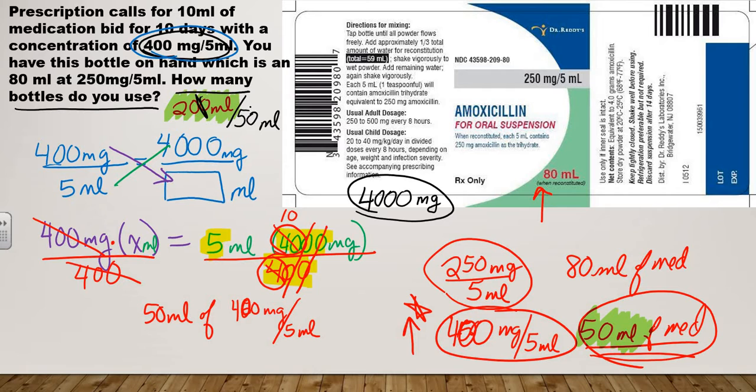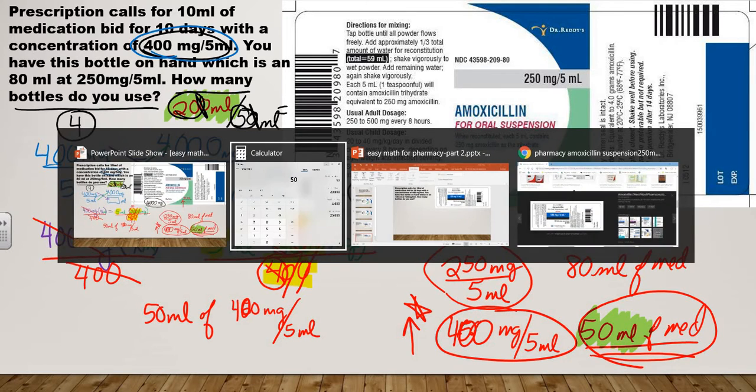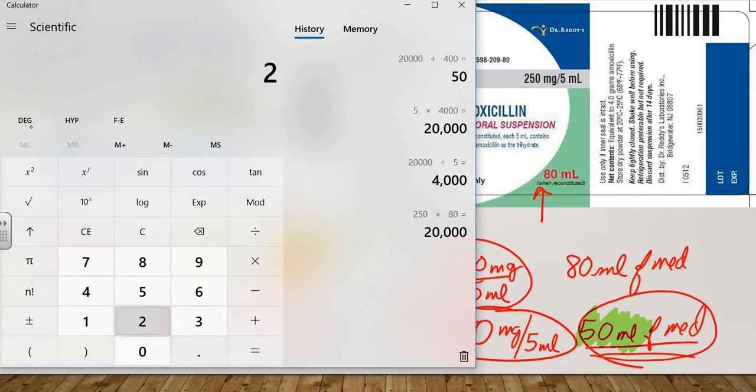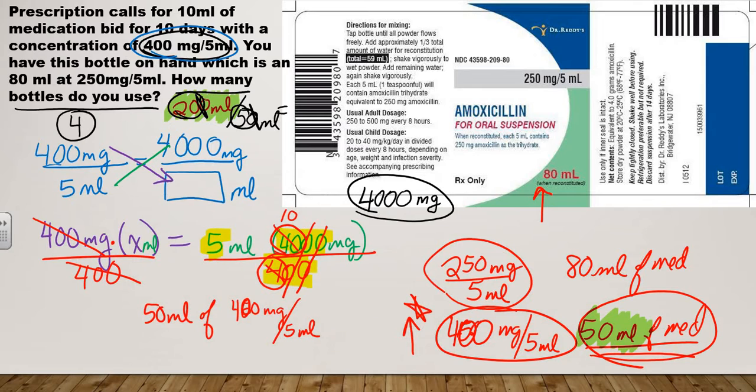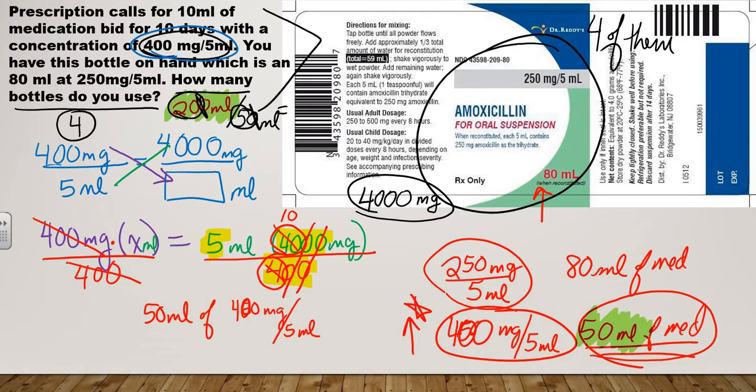There's a 0 at the top and a 0 down below, so they cancel. Now I have 20 divided by 5, which is 4. Show you on the calculator. That was 200 divided by 50, and it's 4. So to summarize, this prescription bottle, you would need 4 of them to fulfill this prescription when you change this concentration.